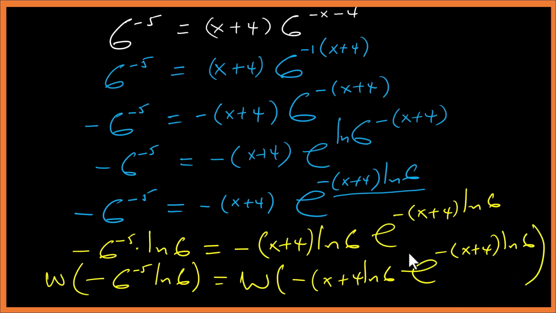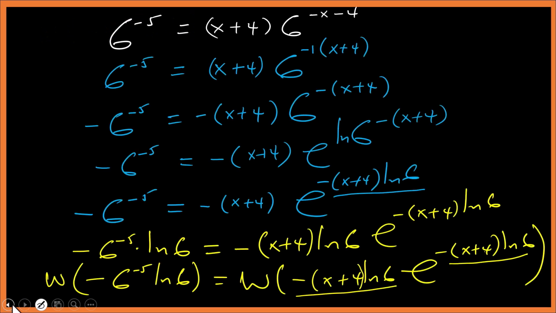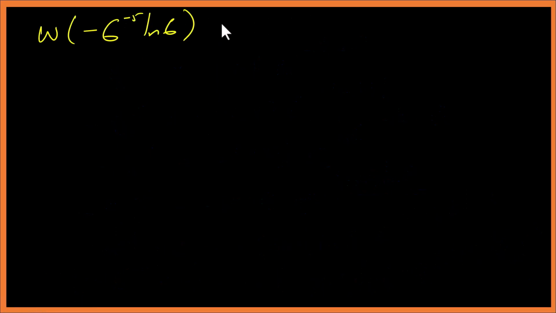So once you do that, this becomes the answer. So the right hand side becomes minus x plus 4 ln of 6.